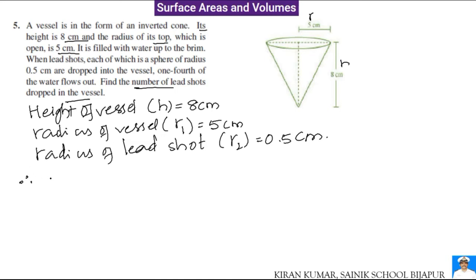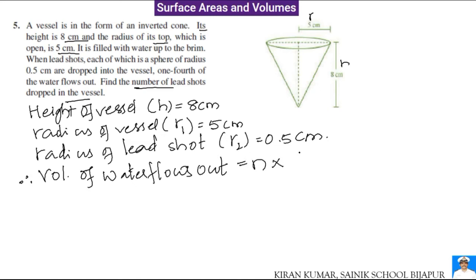As per the question, volume of water flows out will be equal to the number of lead shards multiplied to the volume of one lead shard.